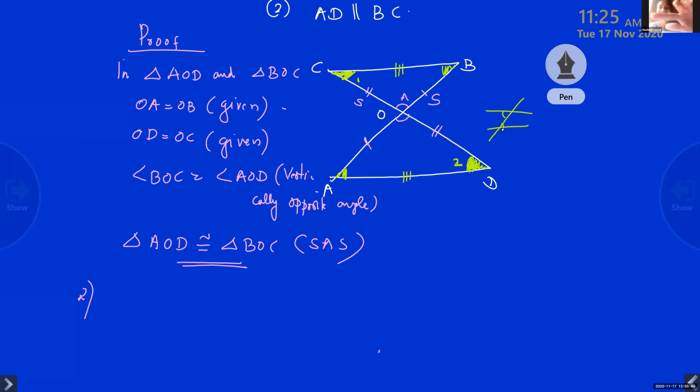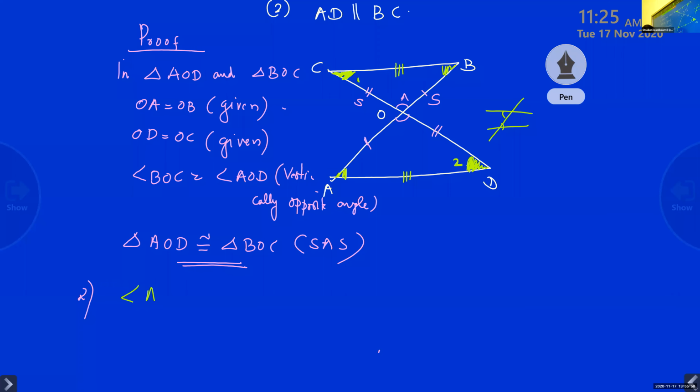Alternate interior angles. Yes, alternate interior angles. Since these are equal, these two lines will be parallel. So that is the second one.